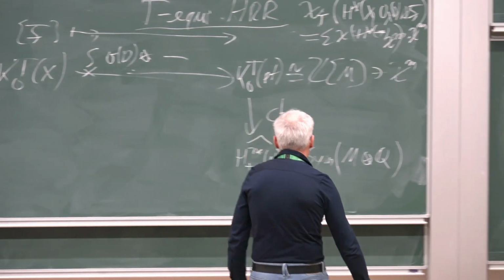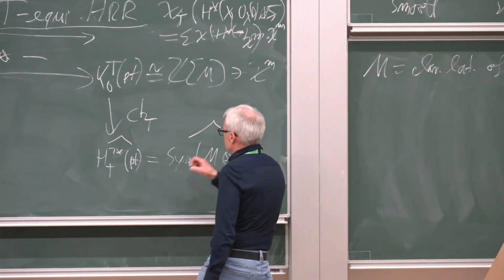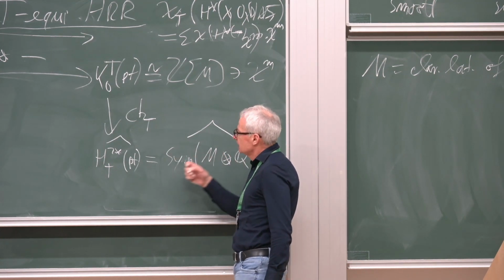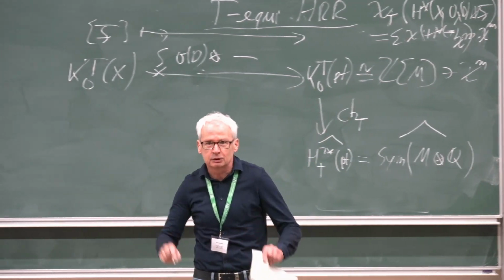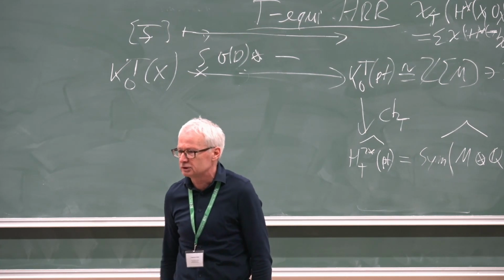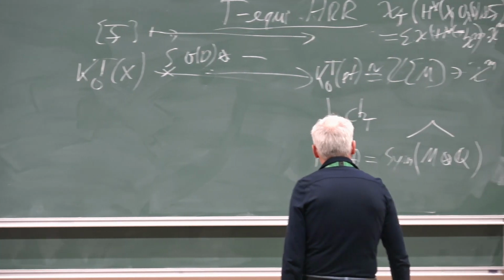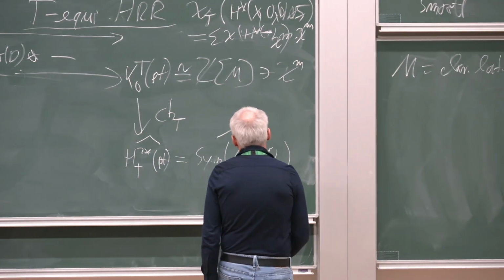And the thing is, we have to complete, because these are graded things, and you are not taking the direct sum, but you are taking the product of them. Completion just means product, and that comes out by technical reasons.